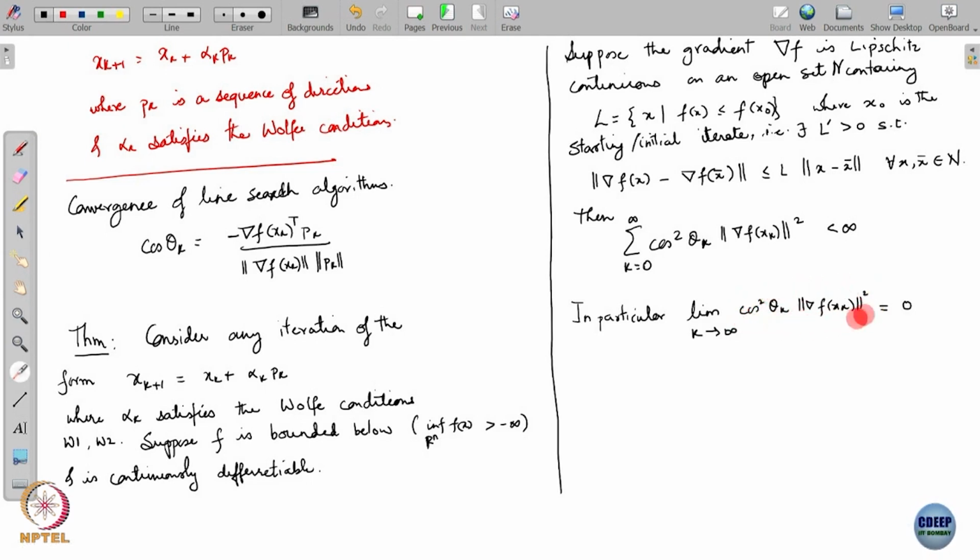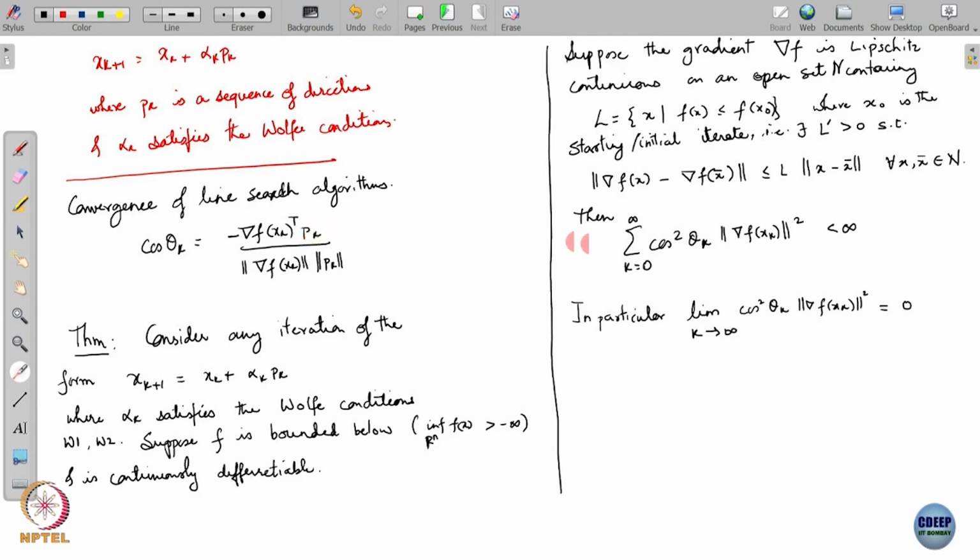Now, if you look at this limit, it has two terms. It has the norm of the gradient of the function, and the square of the cosine of the angle between the negative gradient and the direction p_k that you have chosen. So, this tells you something quite nice and powerful.